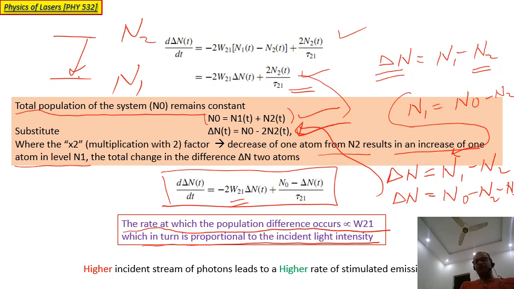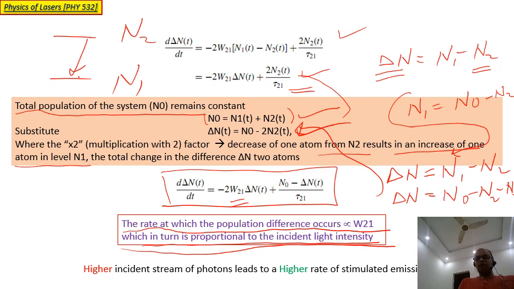Here you will see, the rate at which the population difference occurs is directly proportional to W21, which in turn is proportional to the incident light intensity. You have somehow concluded this from this equation. This is just mathematical steps, there is nothing of deep conceptual level here.